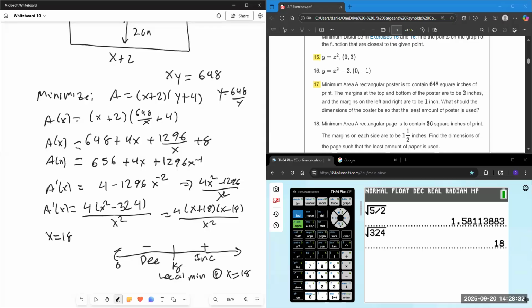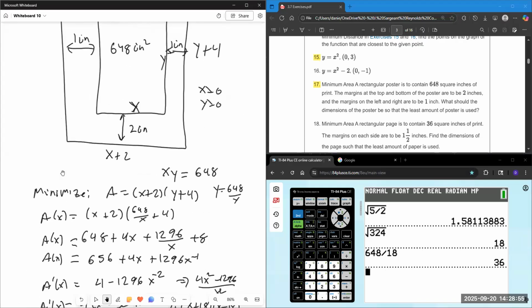If X is 18, Y is equal to, and these are inches, 648 over 18, sorry, for 18, 648 over 18 is 36 inches. Now be careful because that gives me my print area. So that gives me that this is 18 by 36, but I wasn't asked that.